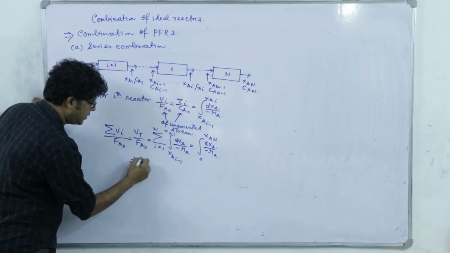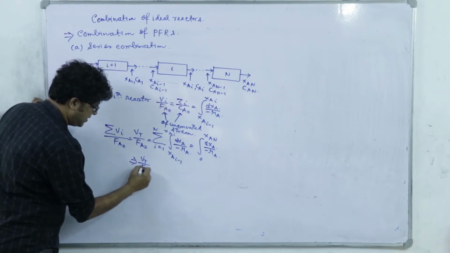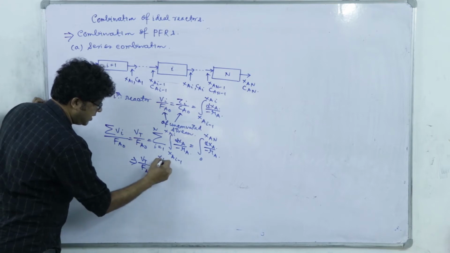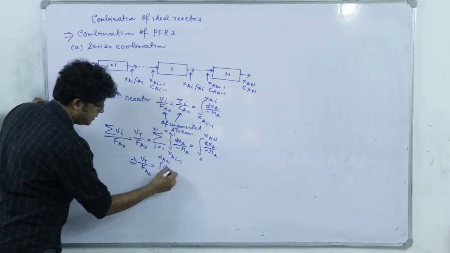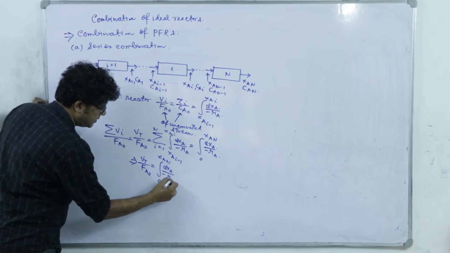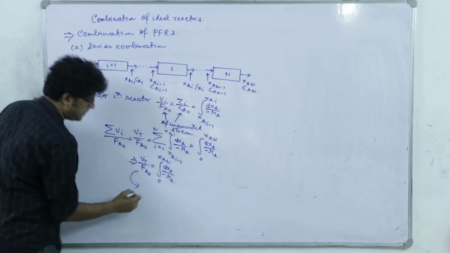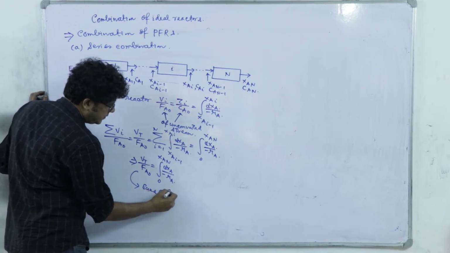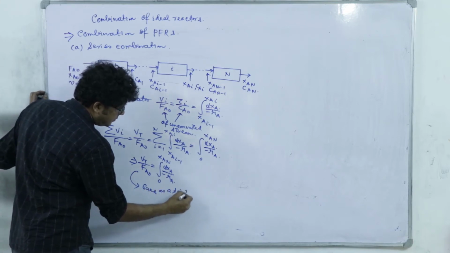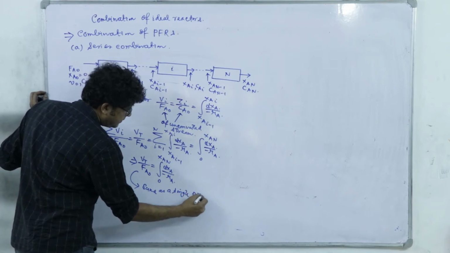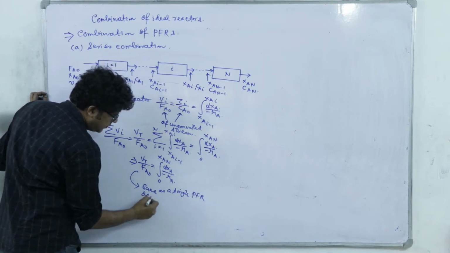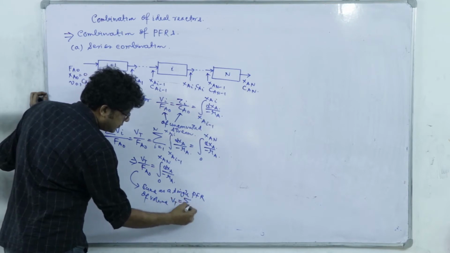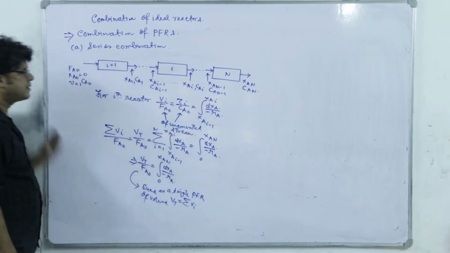So, the series combination and a single PFR of large volume, they are actually identical. So, this is same as a single PFR of volume Vt equal to sum of Vi.